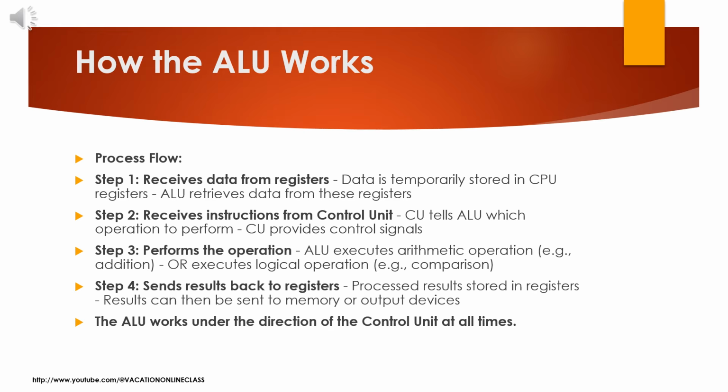From there, it can be sent to the main memory or an output device like your screen. An important takeaway here is that the ALU never acts alone. It works under the direction of the control unit at all times, creating a seamless partnership within the CPU.